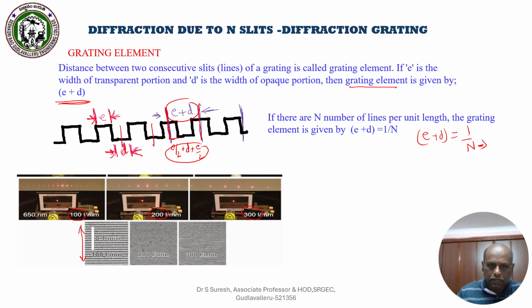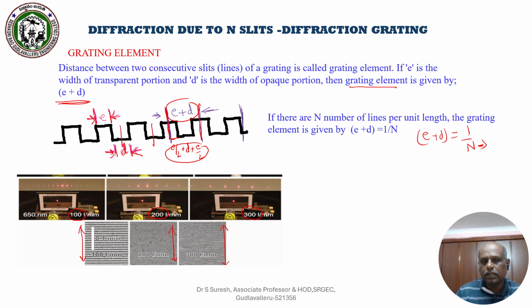Coming to here, for a millimeter area we are drawing 200 lines. Whereas in the same millimeter we are going to draw 300 lines. So what does it mean? The space remains the same, but the number of lines drawn is increasing. When the number of lines drawn increases, what happens? The e plus d value is going to decrease.